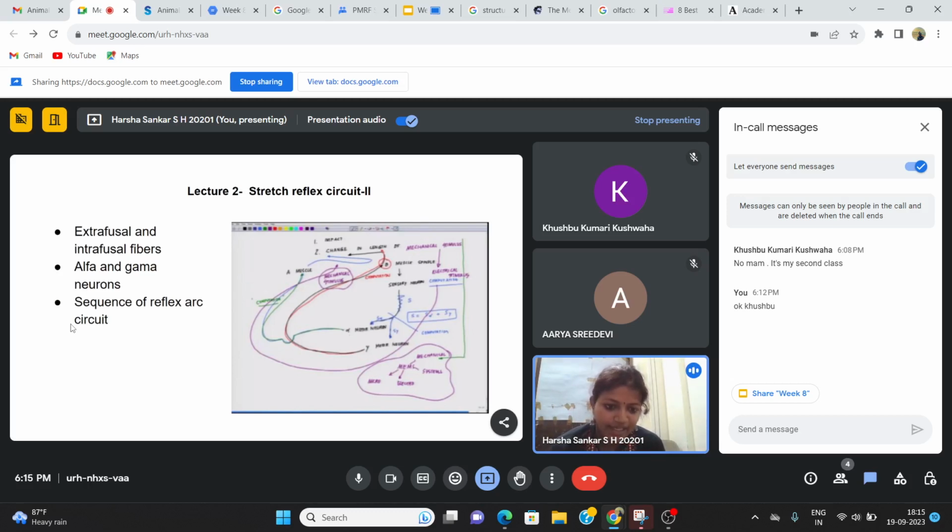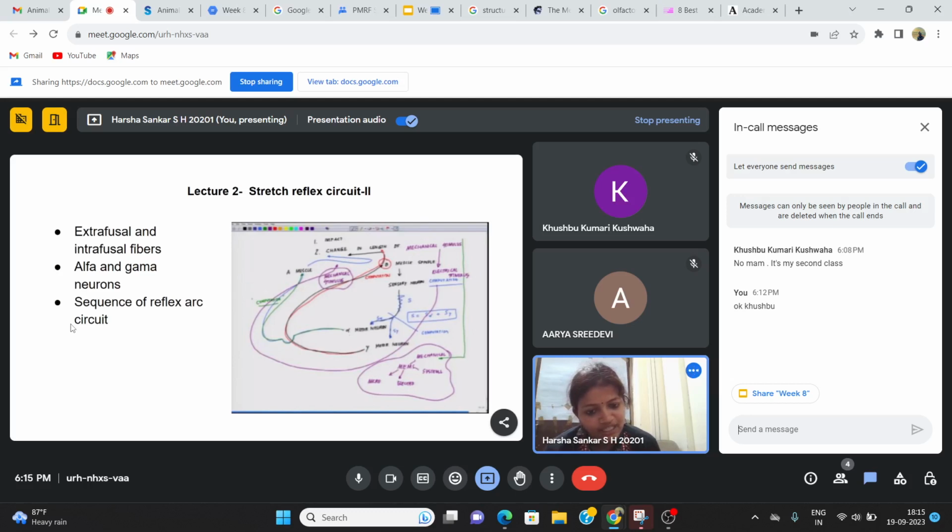Muscle spindles will give the information to the sensory neuron, which will reach the spinal cord, where it goes to an interneuron. Then it will give to which type of motor neuron? Alpha. Alpha motor neuron, and the other fibers will give the information to the gamma motor neuron. Then these changes will happen.